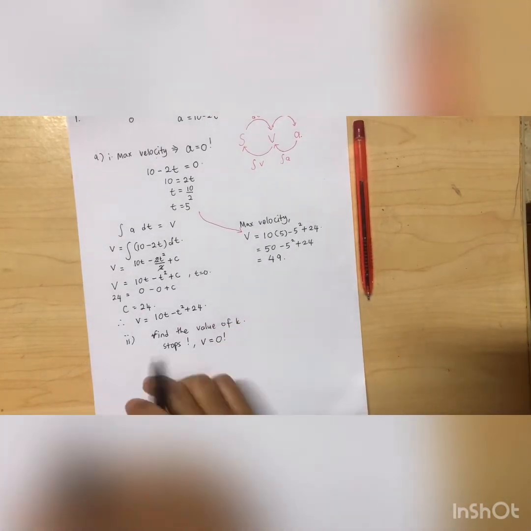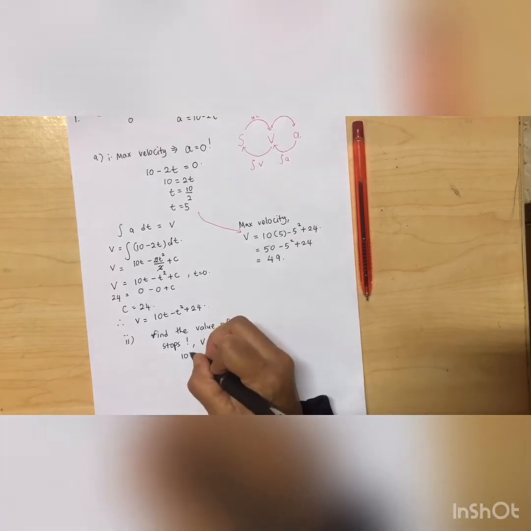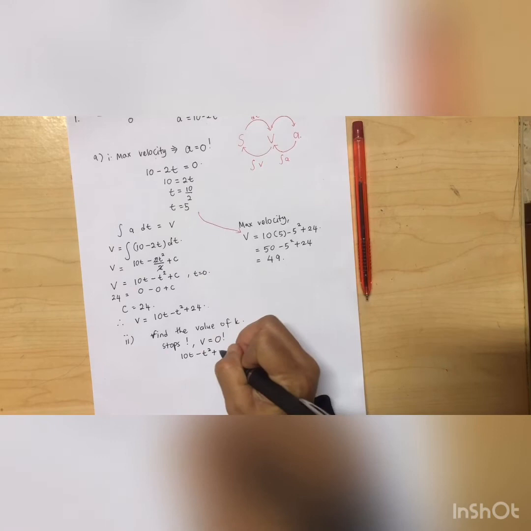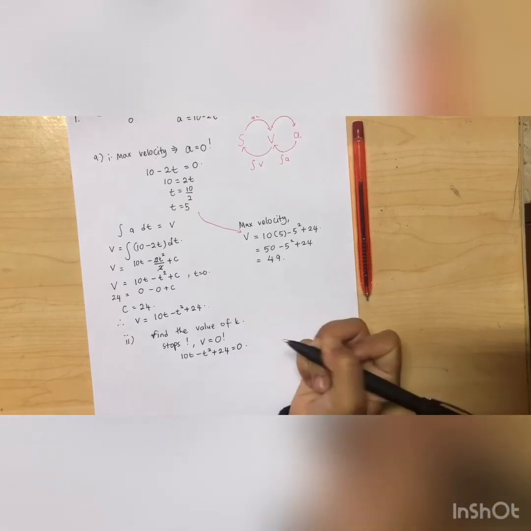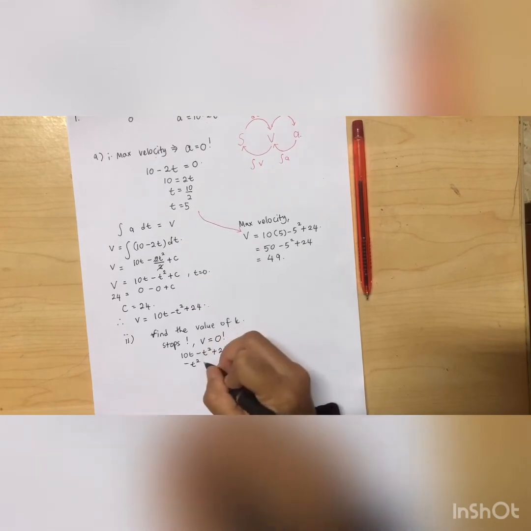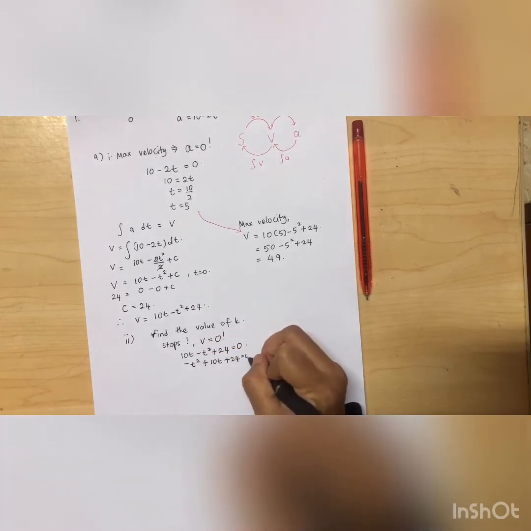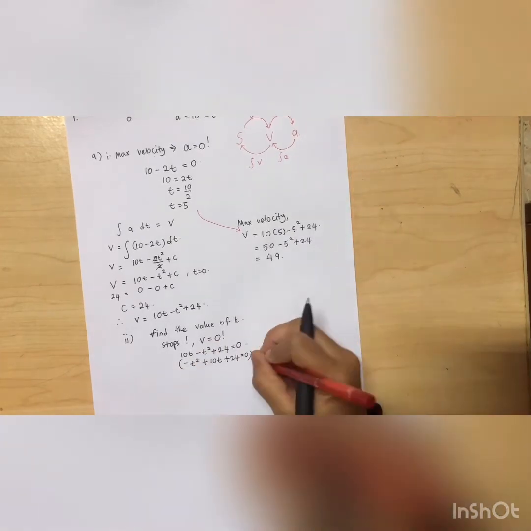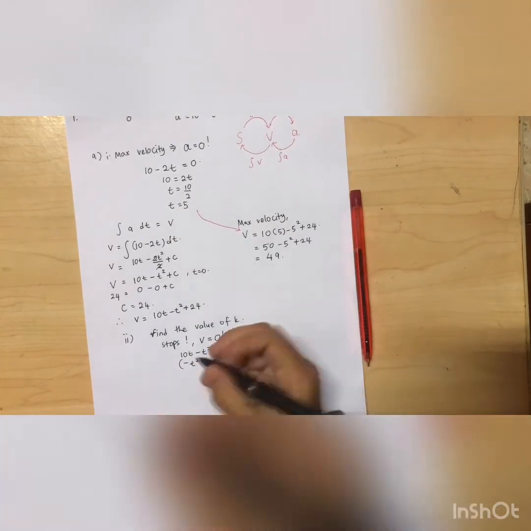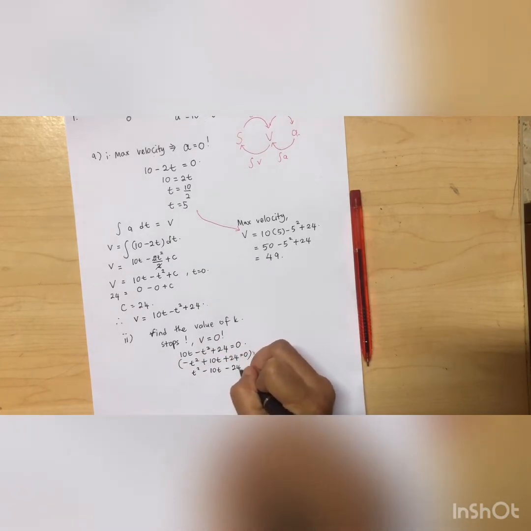So you have the equation for v here, and you just need to make it equal to 0. I want to make sure that my t squared is positive, so I multiply this by -1 to make it easier to solve. Next step is to factorize this.